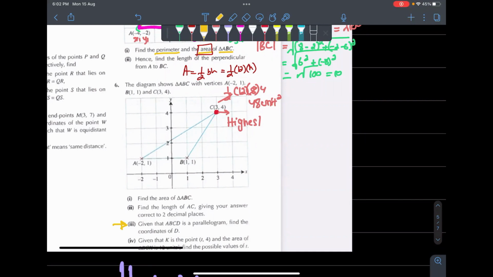So now we can use that concept. To find the x coordinate, we will use x1 plus x3 equals x2 plus x4. Now I want all of you to tell me what will be x1 and what will be x3.